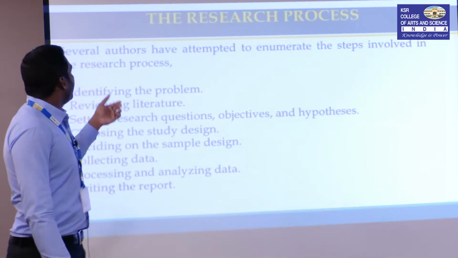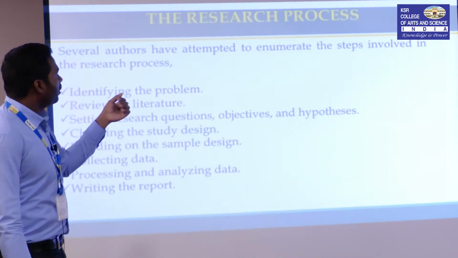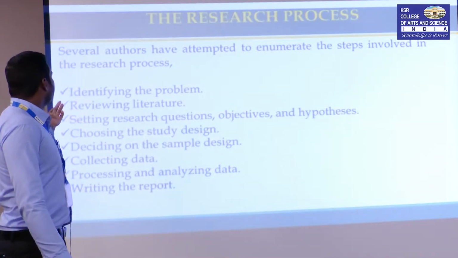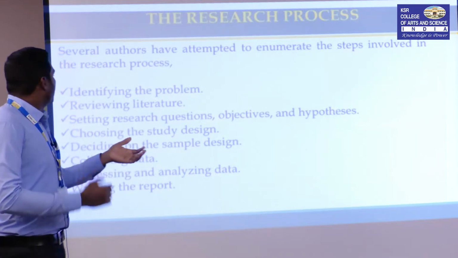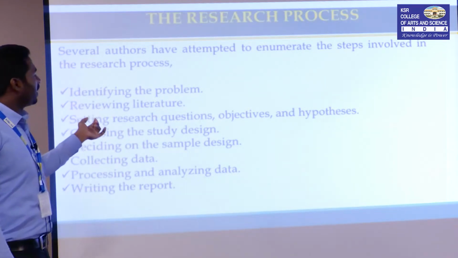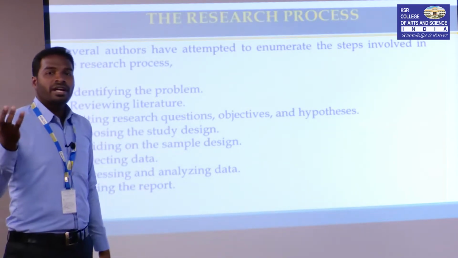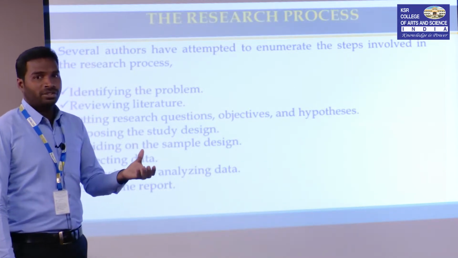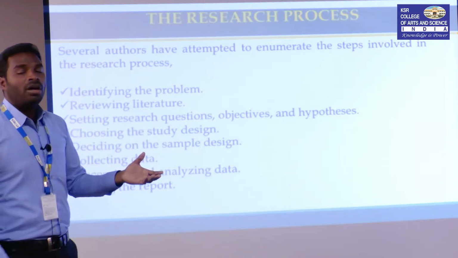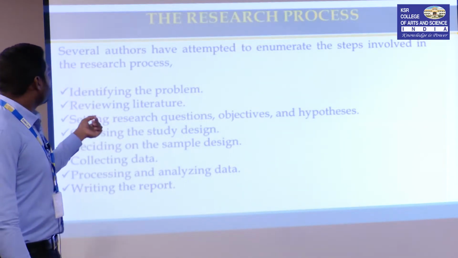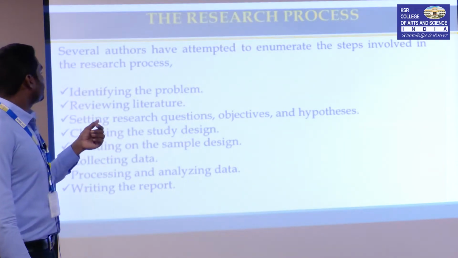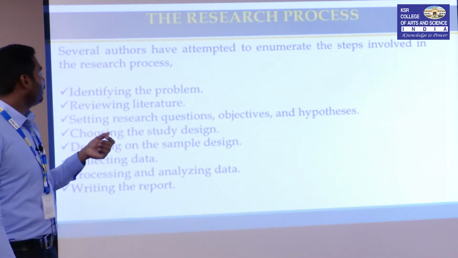There are various processes involved in the research process, and the first one is identifying the problem. So we have to identify the problem, and the second one is a review of literature. Literature is nothing but gathering information from what already exists, or what customers are feeling about our product. That is a review of literature, and setting research questions, objectives and hypothesis.